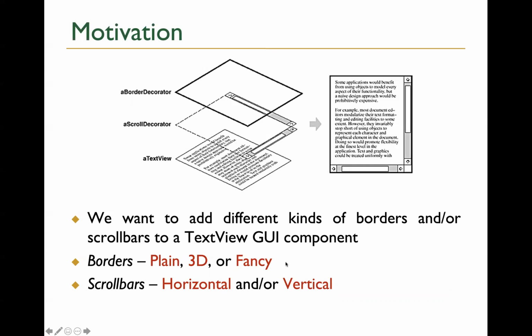You can always add other types of borders. For the scroll bar, you can add a horizontal bar and a vertical bar, and maybe something else, like a pop-up bar or something else.